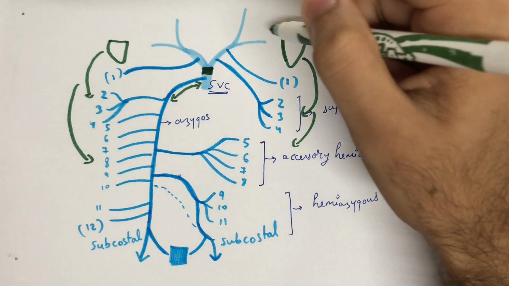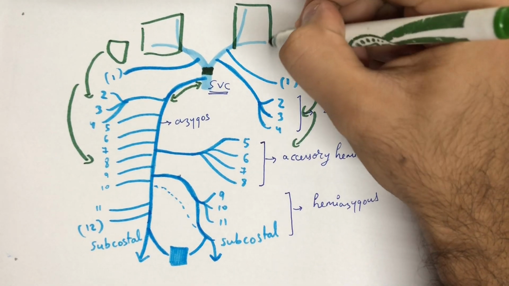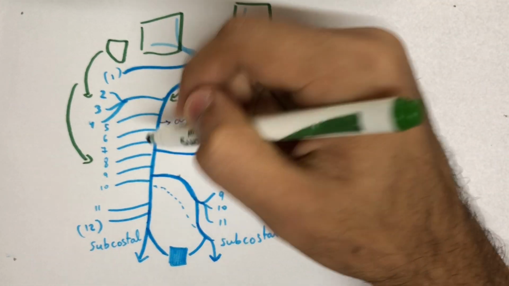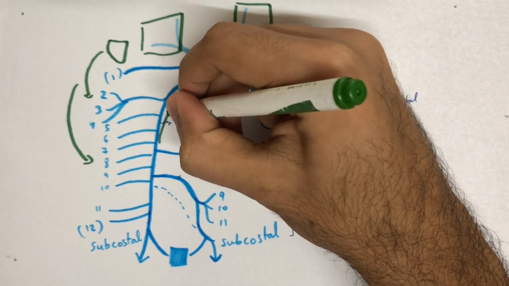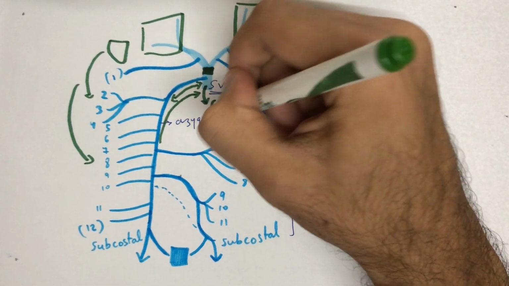As a result, blood from these levels, that is the internal jugular and subclavian levels, will start to drain alongside the azygous vein, conducting the blood towards the SVC and into the heart, maintaining the cardiac output.